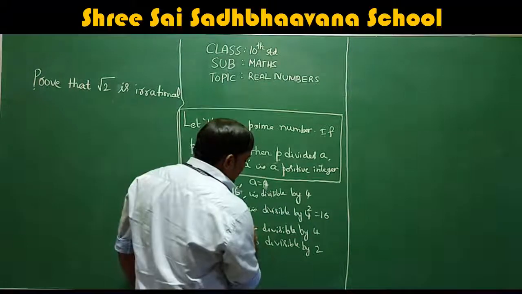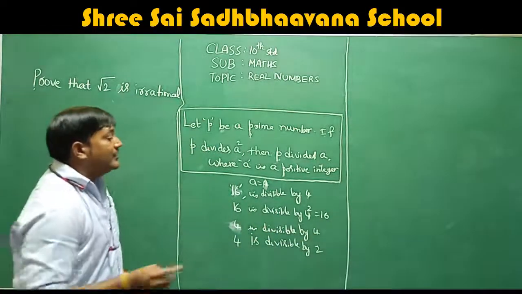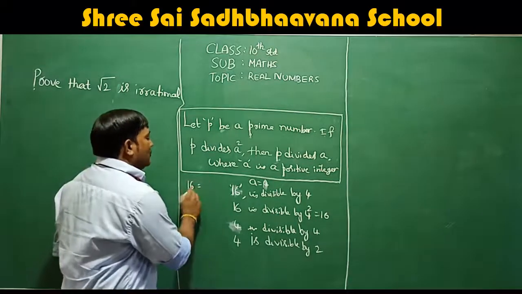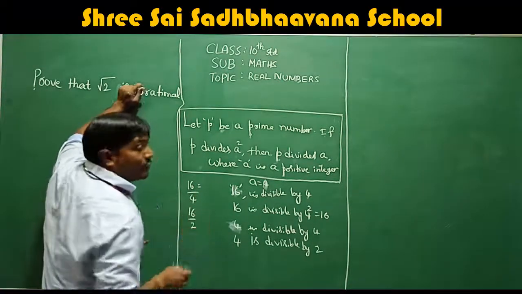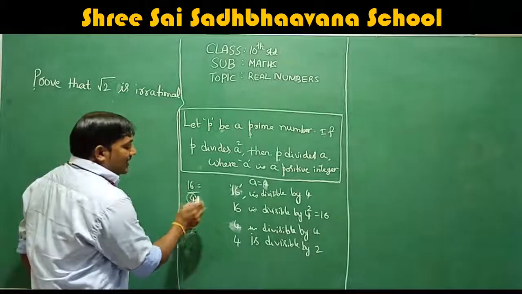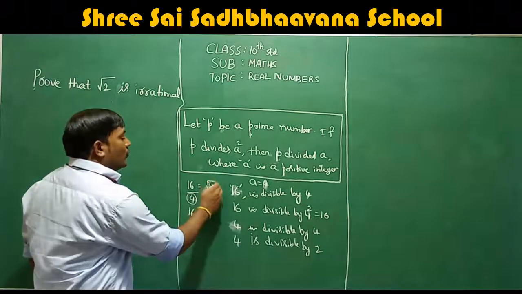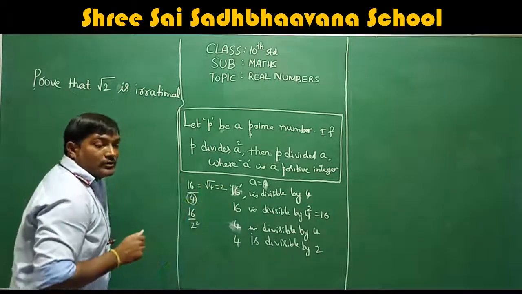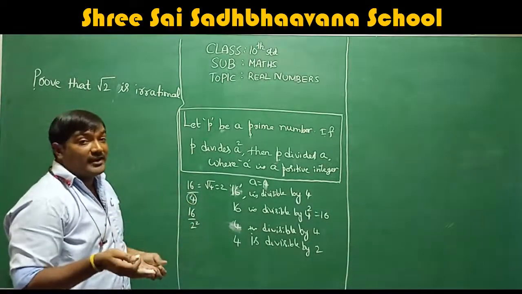Understood? If 4 is divisible by 4, 4 will also be divisible by 2. Similarly, 16 is also divisible by 2, because this can be written as 2 squared. Or this root 4 is 2. Also this 4 is a multiple of 2, 2 into 2 you can write 4.